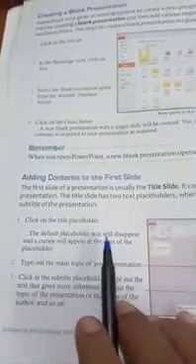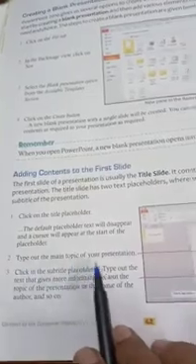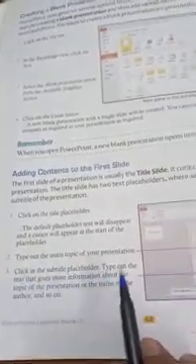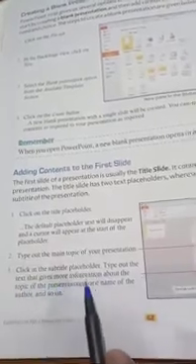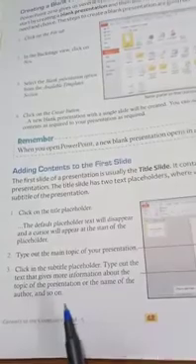The default placeholder text will disappear and the cursor will appear at the start of the placeholder. Type out the main topic of your presentation. Third, click on the subtitle placeholder. Type out the text that gives more information about the topic of the presentation or the name of the author, and so on.